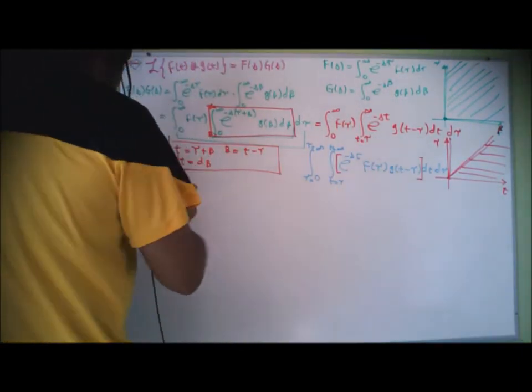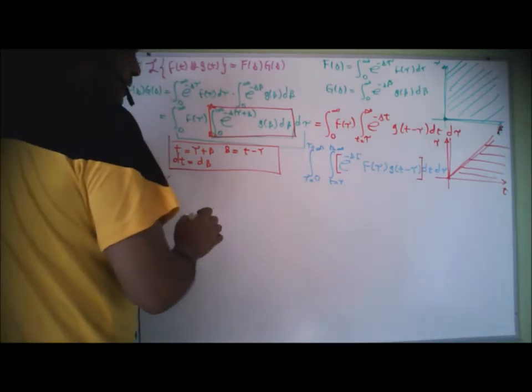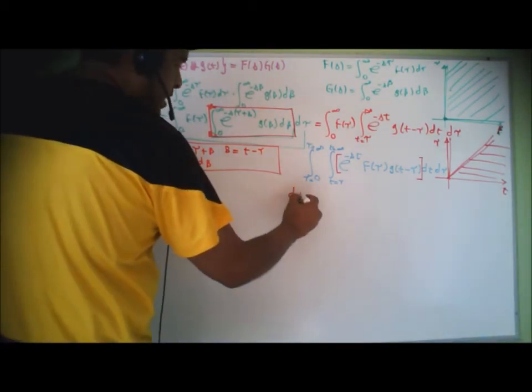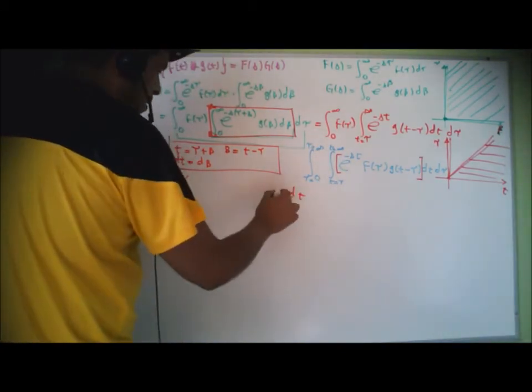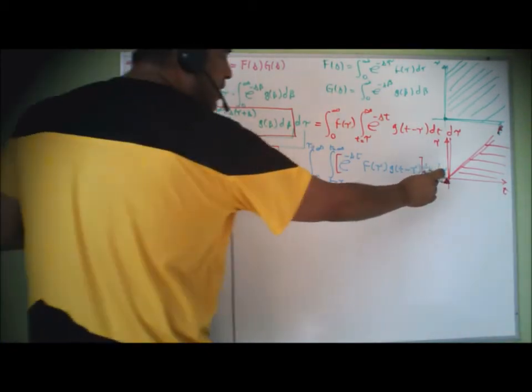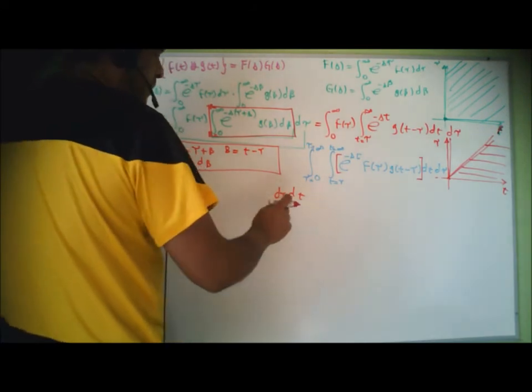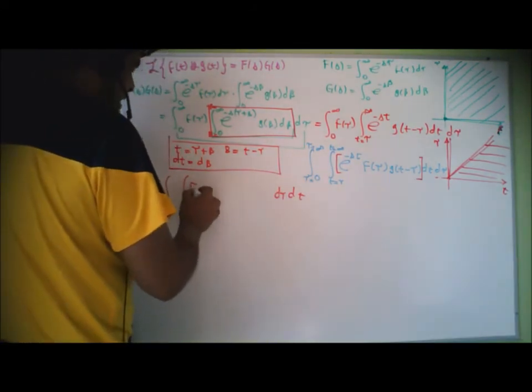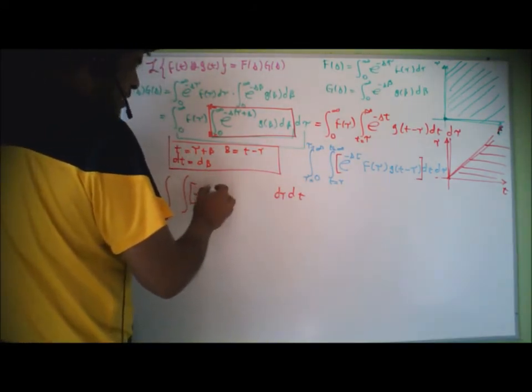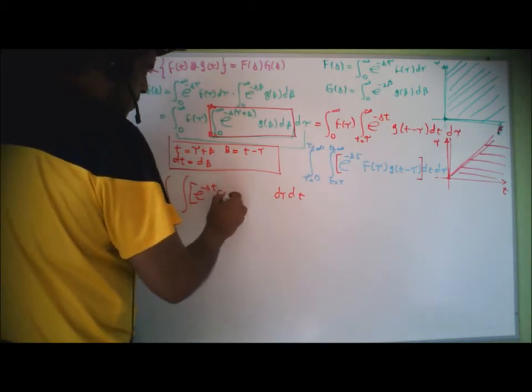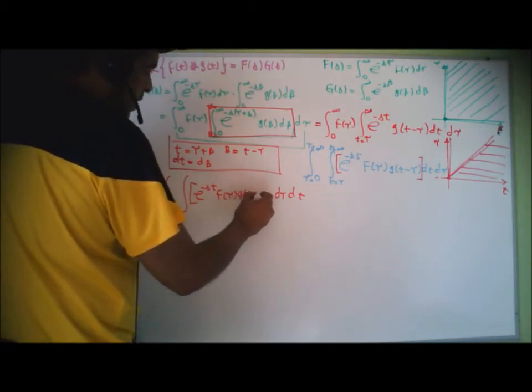So what I'm going to do is first the integral with respect to the tau, then the integral with respect to the time. As you can see here, we just flip this, differential of tau, differential of t. So inside, we don't change anything: exponential of minus st, and f of tau, g of t minus tau.